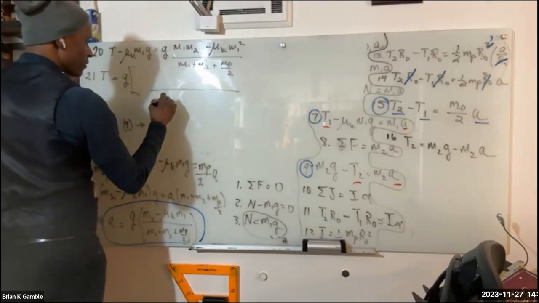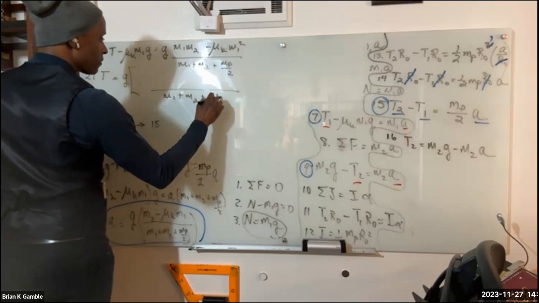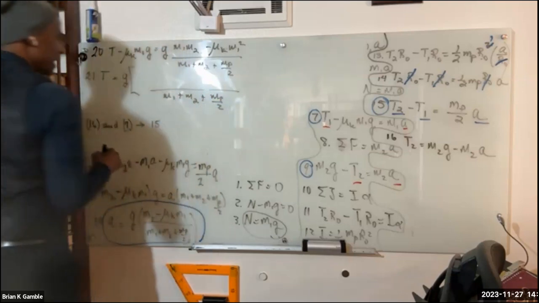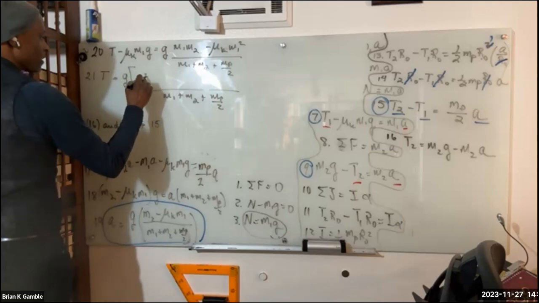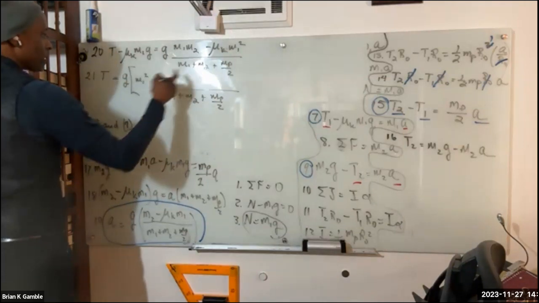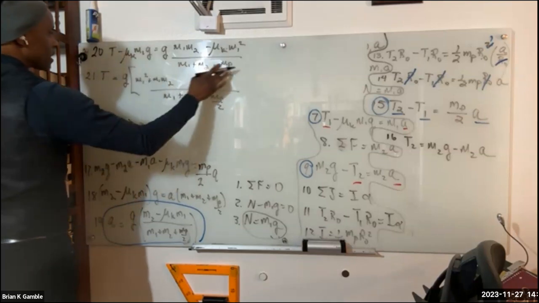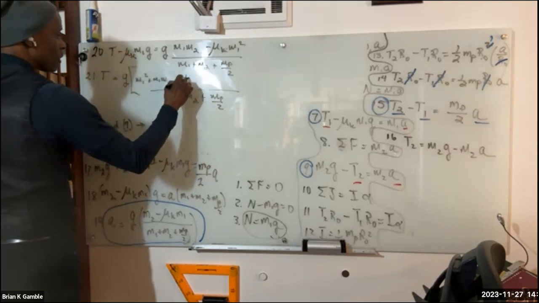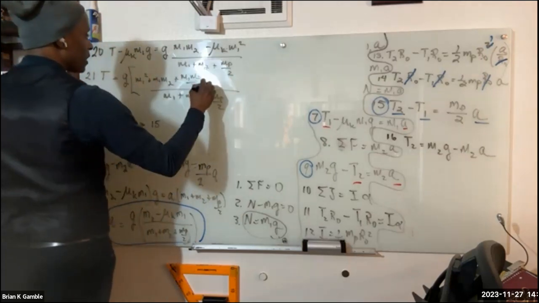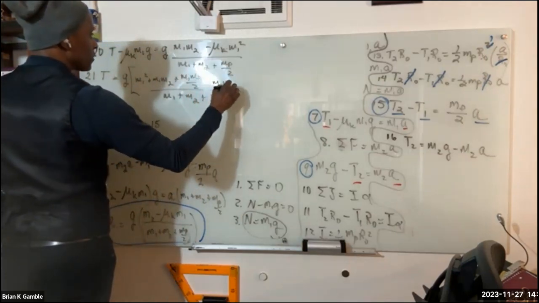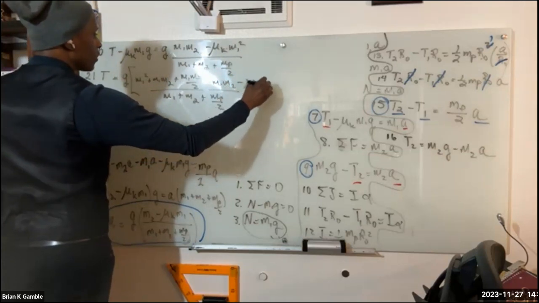So the common denominator will still be m1 plus m2 plus mp over 2. Now the 3 terms I get here are going to be m1 times m1, which is m1 squared, then plus m1 times m2, and m1 times mp. So m1 mp over 2. And now these 2 terms are left, plus m1 m2, and then minus mu k m1 squared.